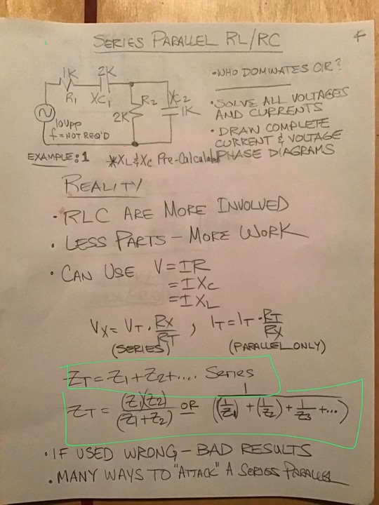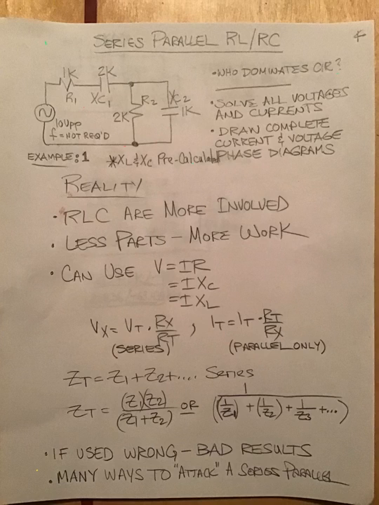Now, what I want you to hone in on is down here in the yellow, where it says there are many ways to attack a series parallel circuit. We can't spend enough time talking about what it is that we're after, because you have to have a strategy going in.